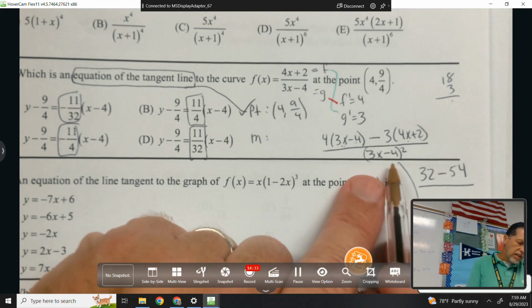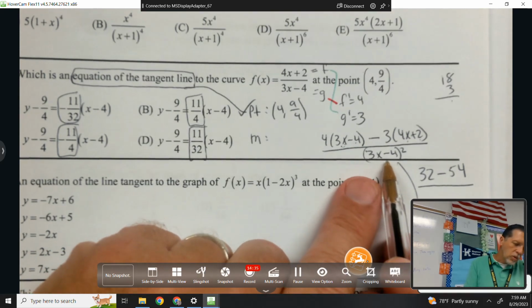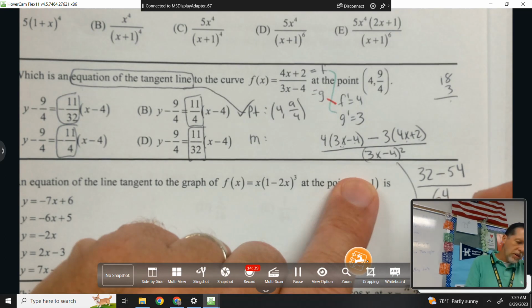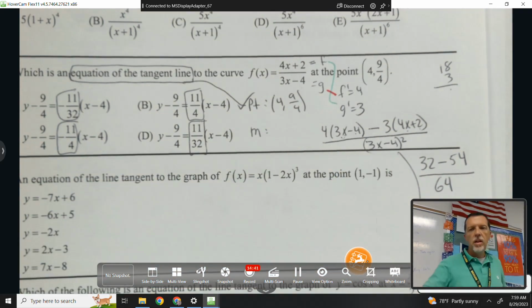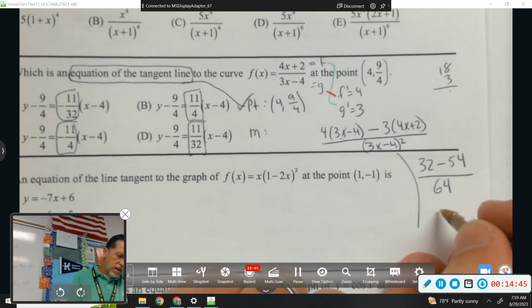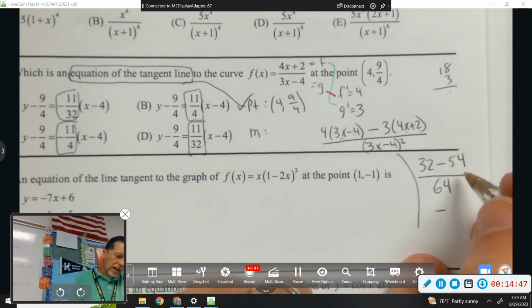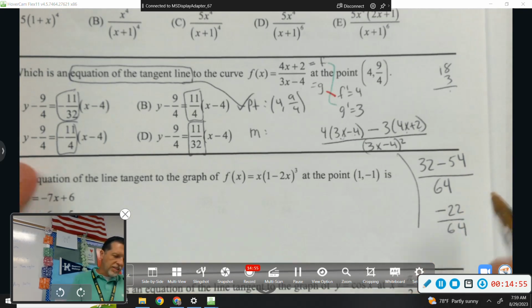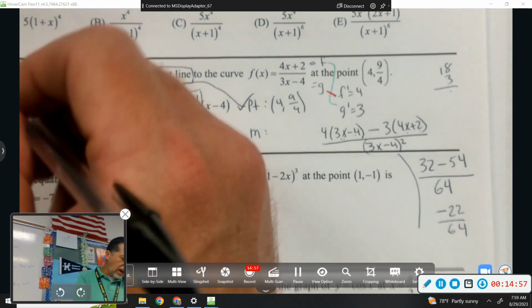And then in the bottom, 3x minus 4: 12 minus 4 is 8. 8 squared is 64. I'm running out of room here. So negative something. Negative 22 over 64. Reduced by 2, that's negative 11 over 32, and that would be answer choice A.